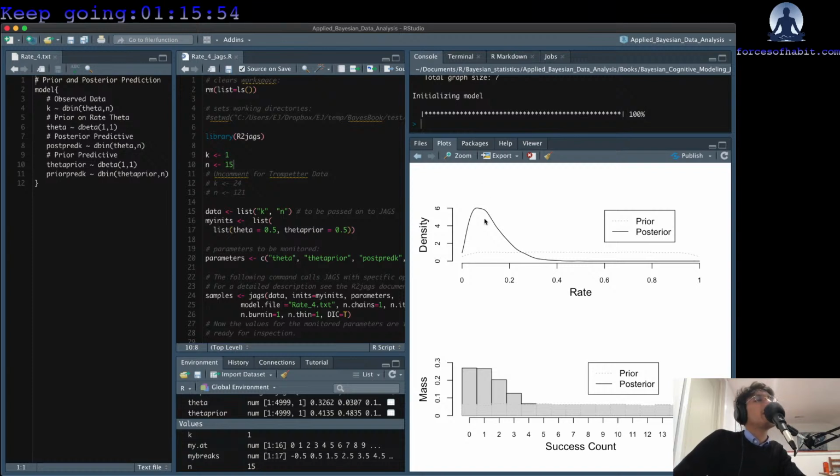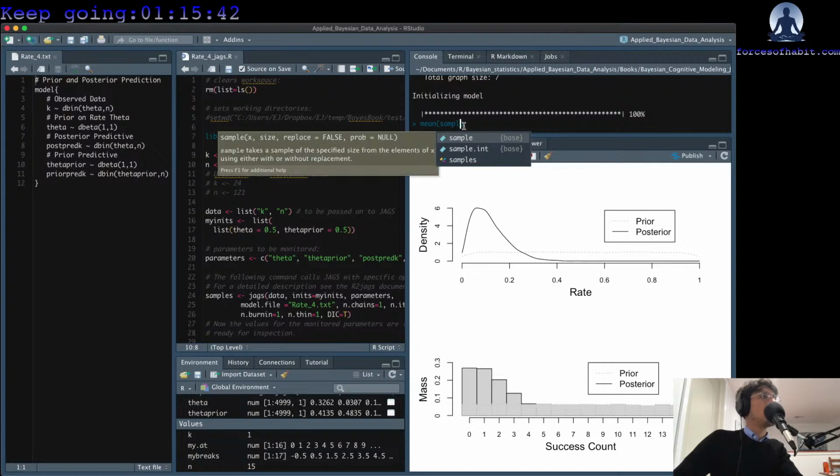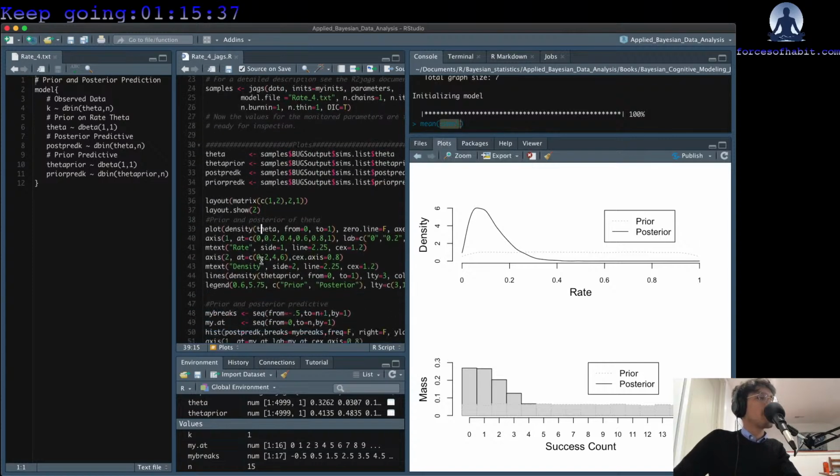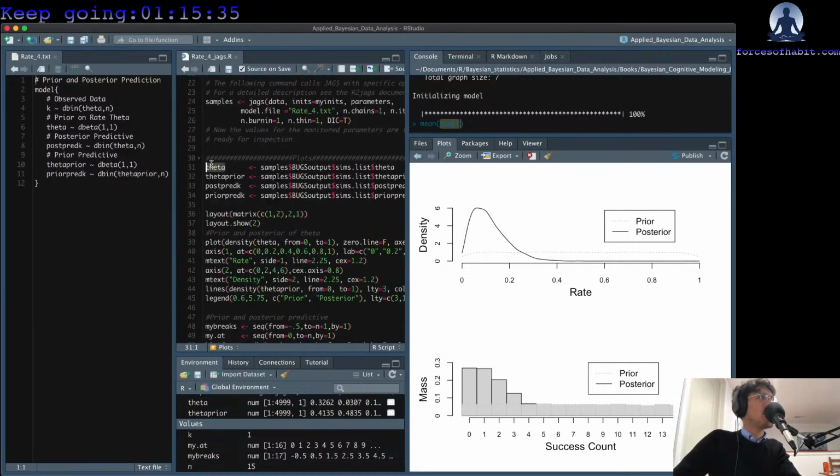So in this case, the maximum likelihood estimate is somewhere, let's see. We need data, right? So let me just get the mean of data.